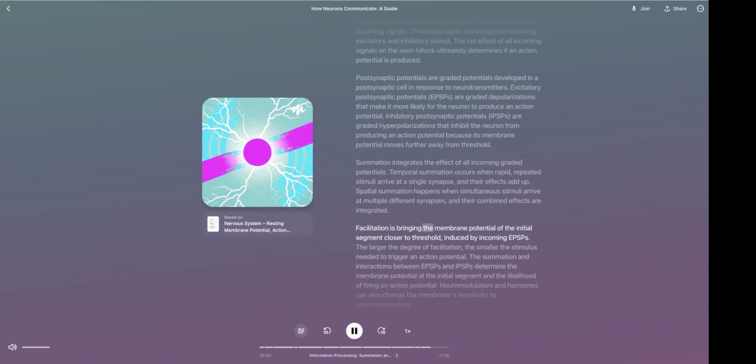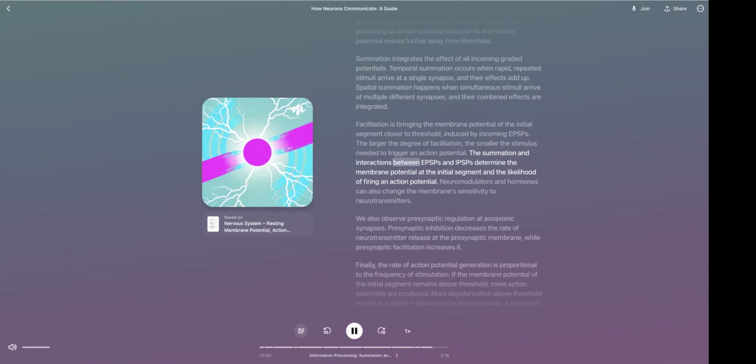Facilitation is bringing the membrane potential of the initial segment closer to threshold, induced by incoming EPSPs. The larger the degree of facilitation, the smaller the stimulus needed to trigger an action potential. The summation and interactions between EPSPs and IPSPs determine the membrane potential at the initial segment and the likelihood of firing an action potential.